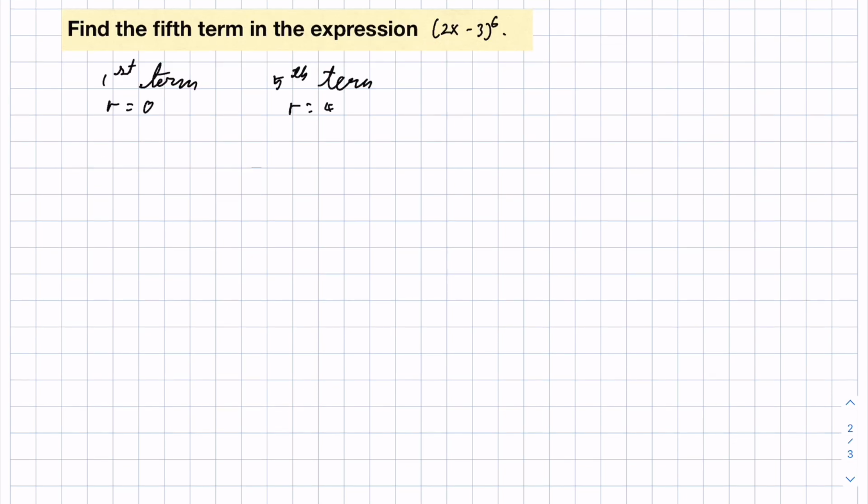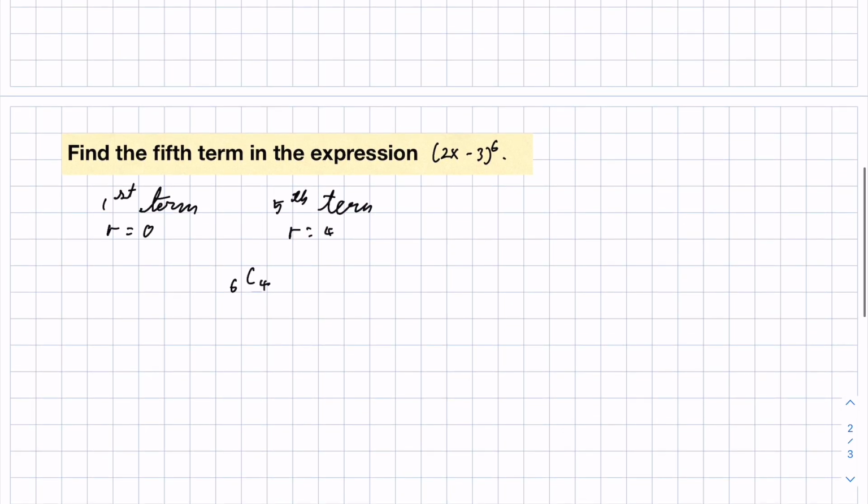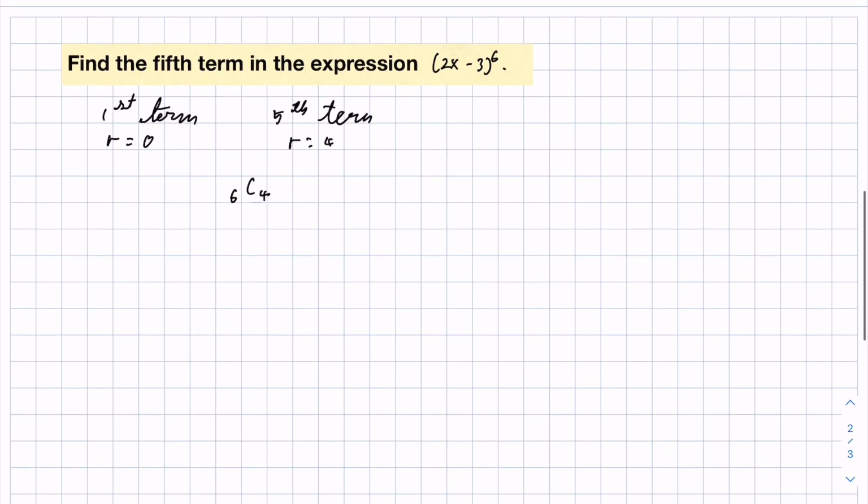Now that we have r, we can figure out that it's going to start with 6 choose 4, since the r value we have here is 4. And now we have to figure out what the a value is, which in this case is 2x, and the b value, which is negative 3. You have to find out what both of these terms are taken to the power of.